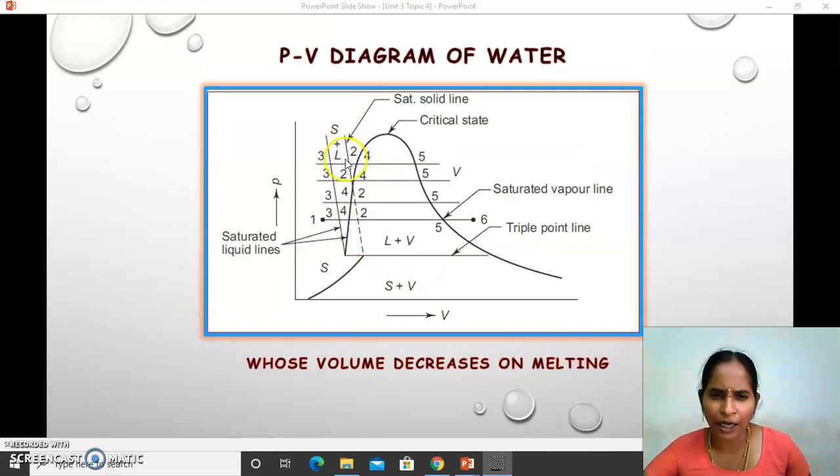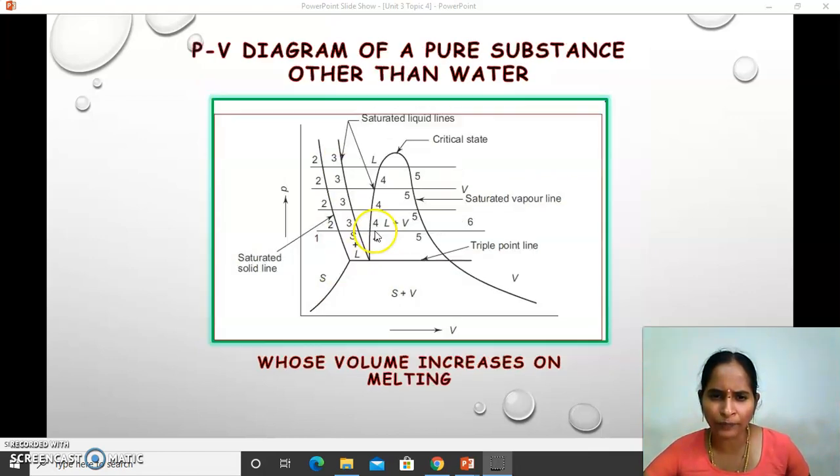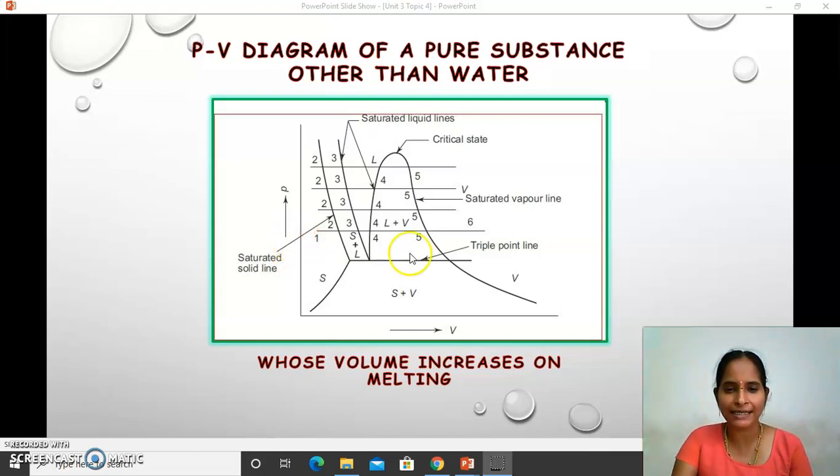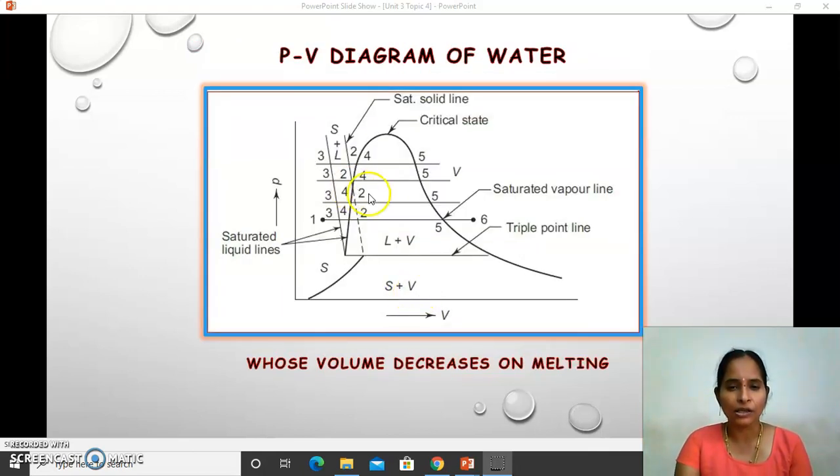Can you differentiate this one? 3 is away from 2, but here it is 1 to 2, 2 to 3, 3 to 4, aligned and in sequential order, since there is no volume reduction. That is, when they are converted from solid state to liquid state, there is no volume reduction in other pure substances as we have in water. So that's what you are having. 2 to 3 is again going in the reverse direction, and then 3 to 4, 4 to 5.